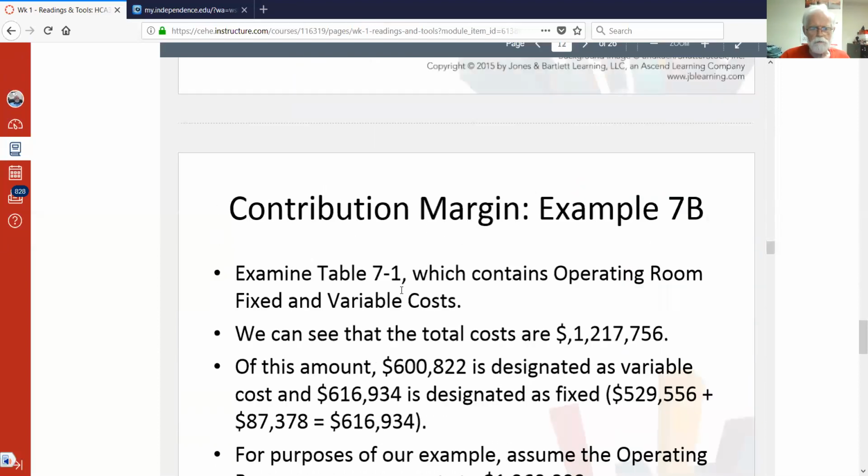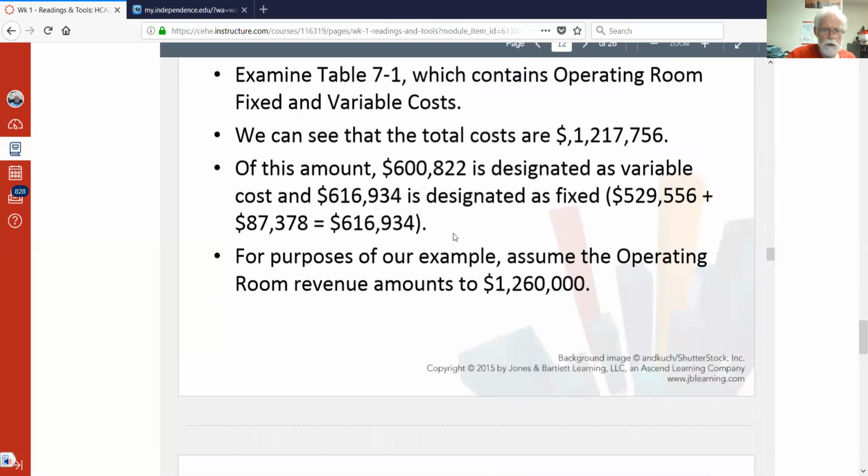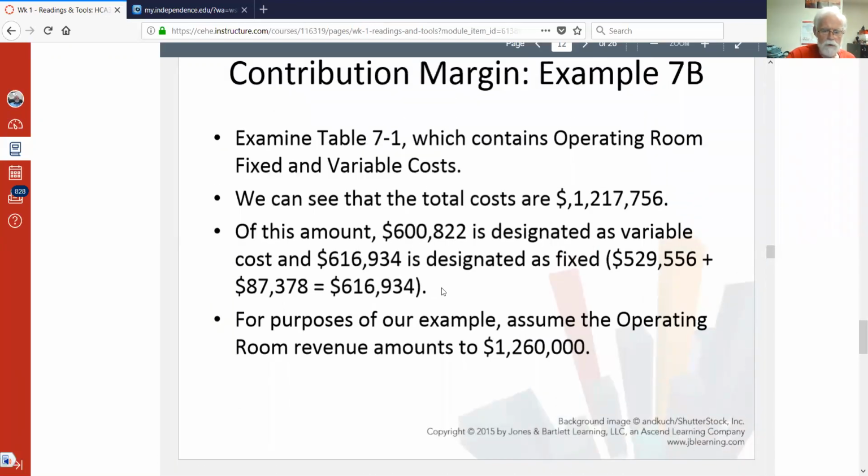So you want to look at the fixed and variable costs, say, of an operating room. Fixed costs are basically the cost of having that room there. It means it's a part of the mortgage or the lease on the building.